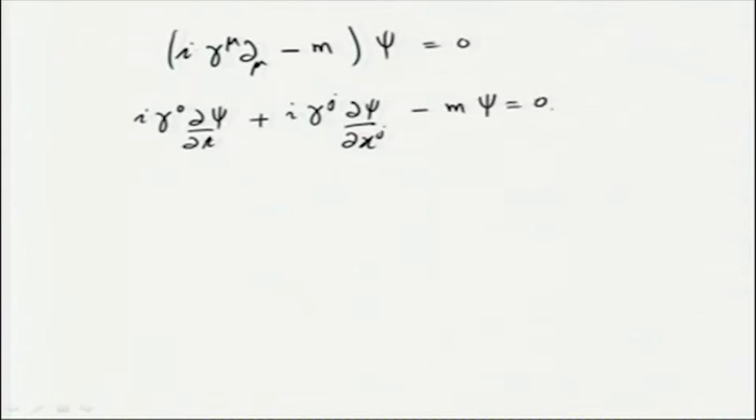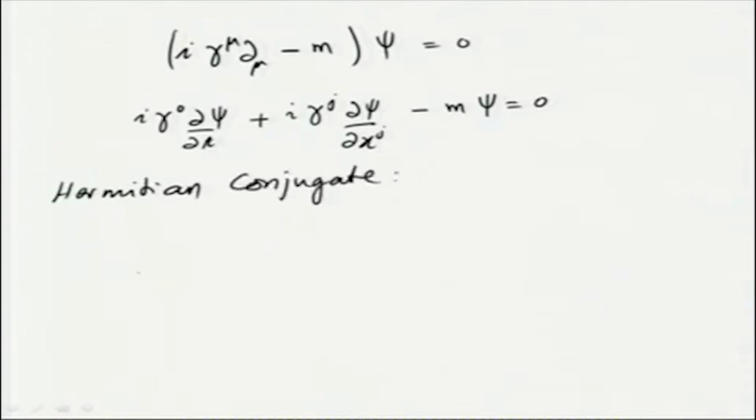Taking the complex conjugate, actually here, because we are dealing with a matrix equation, we have to take the Hermitian conjugate. Okay? So, let me write that for you. Let us take the Hermitian conjugate of the equation.